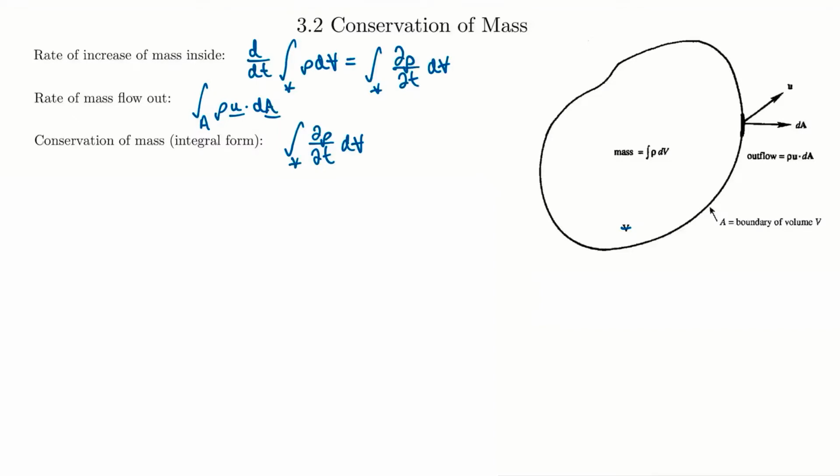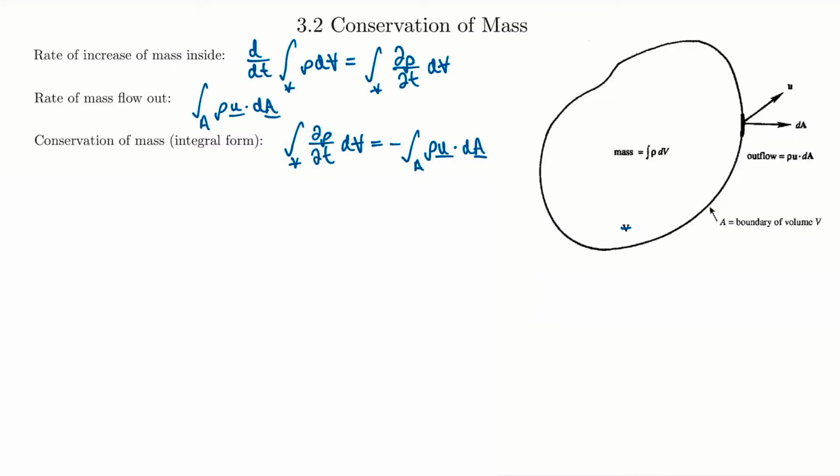So when I have that little tail, that's a density. And that is basically our mathematical way of saying any mass change inside this volume has to be accounted for by mass either entering or exiting across the boundaries. And so that's our complete integral form right there.